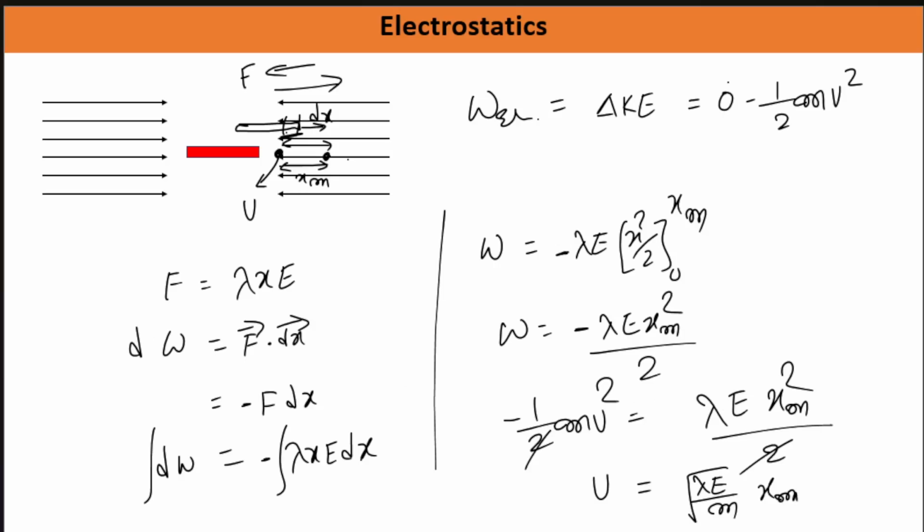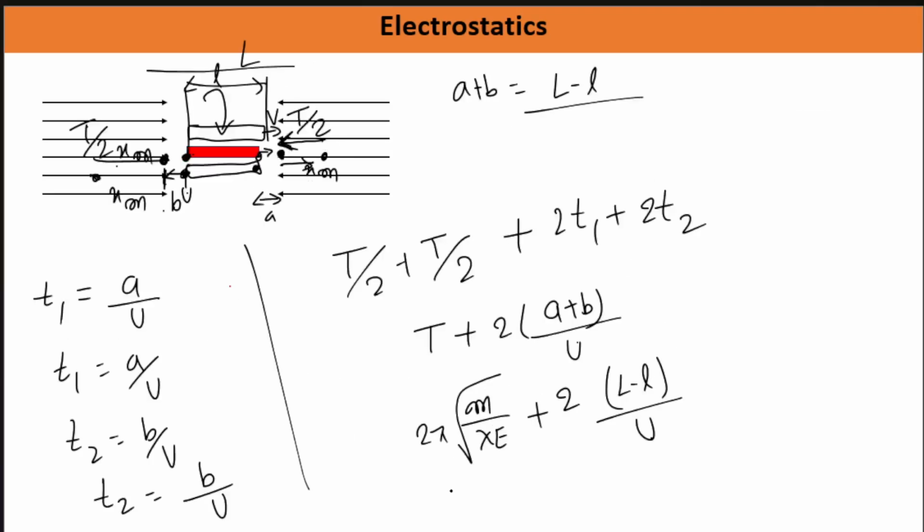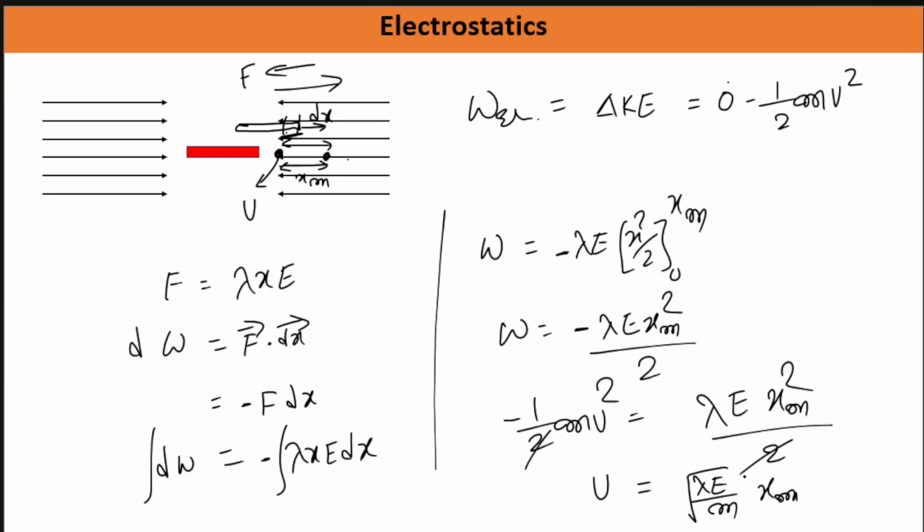Okay? So now let us put this value of u over there. So what will u become? 2 pi m by lambda e plus 2 l minus l root under m by lambda e, and there was xm also, right? So we need to be careful with putting the values. Yes. So there is xm.